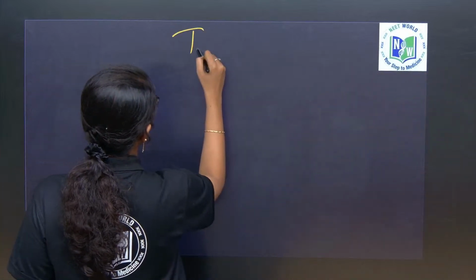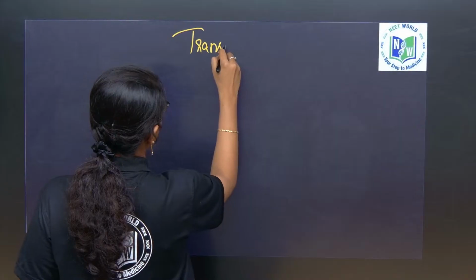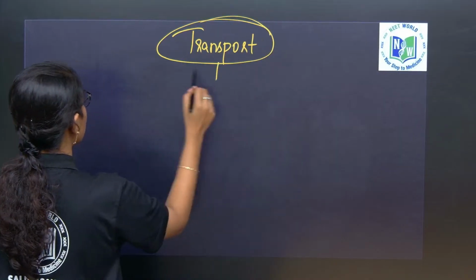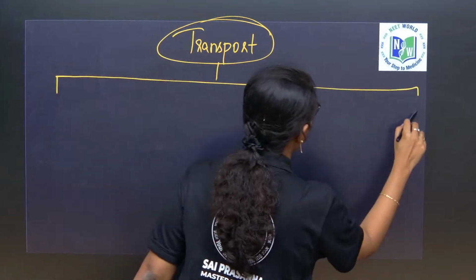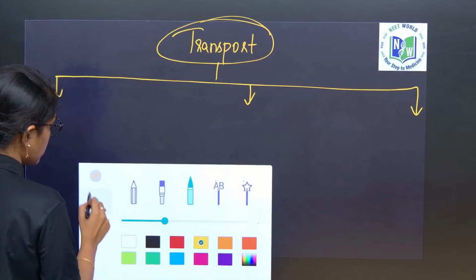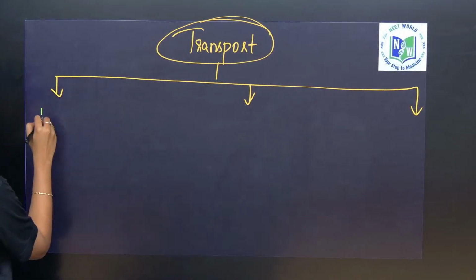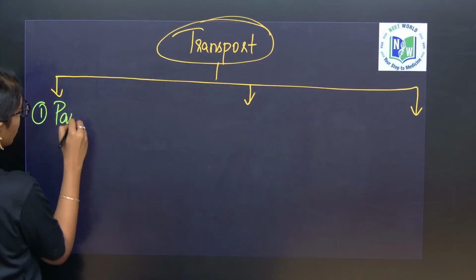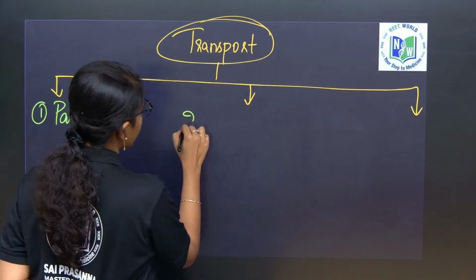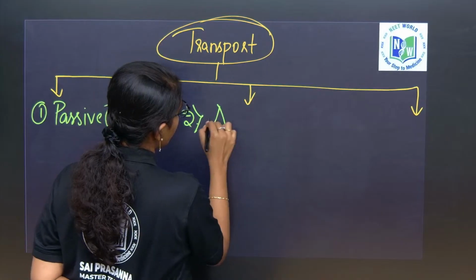Plasma membrane transport is of three types actually. First is passive transport. Second is active transport.